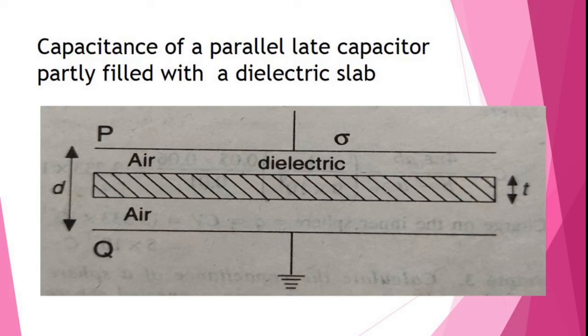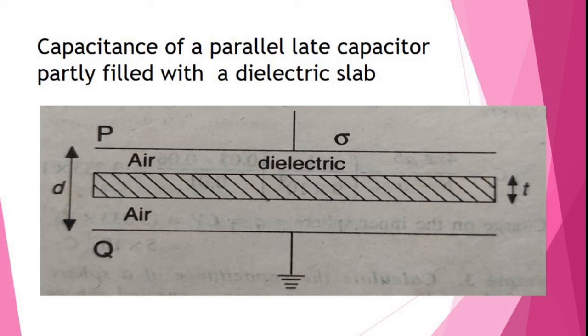If the air is fully covered with a dielectric medium, what will be the capacitance? Epsilon r into C, that is epsilon 0 epsilon r A by d, will be the new capacitance if the entire space between the plates of the capacitor is replaced with a dielectric.